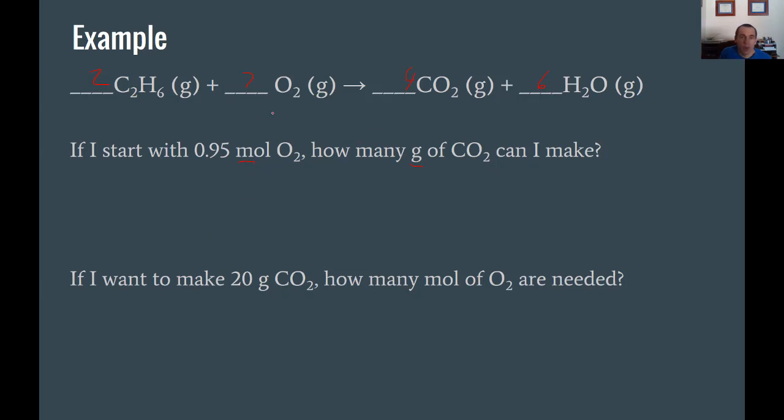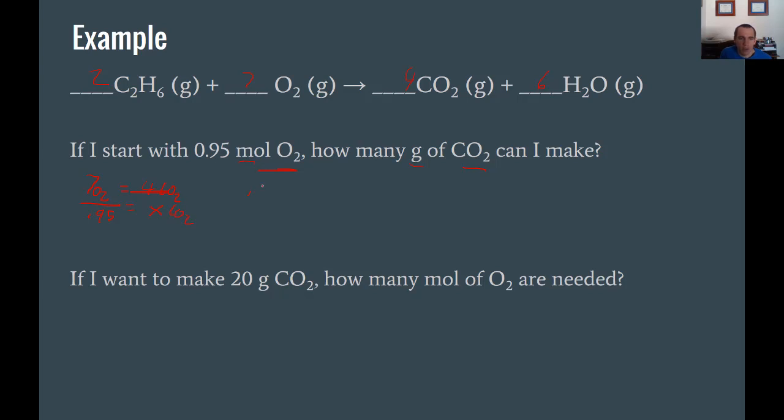All right, so now we're looking at how O2 is compared to CO2. Well, we know that 7 moles of O2 will get us 4 moles of CO2. And so if I have only 0.95 of this, this is equal to how many moles of CO2?